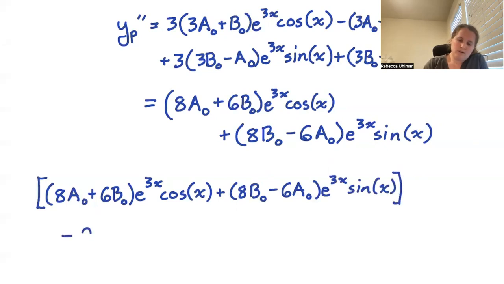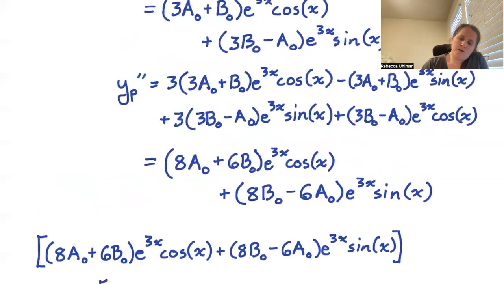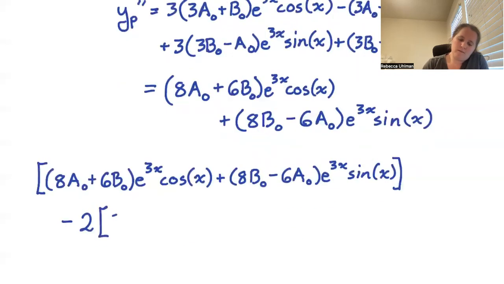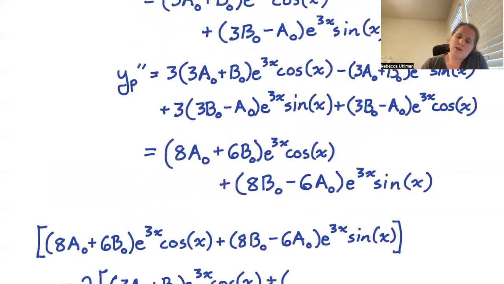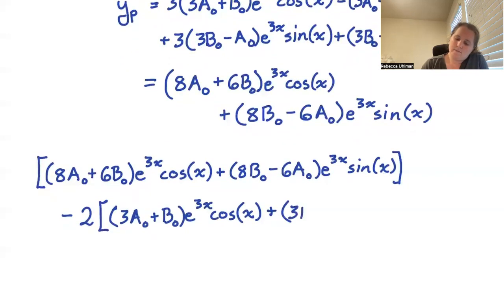From that, we subtract 2 copies of y prime. So y prime, we are looking at 3a0 plus b0 times e to the 3x cosine of x, and then plus 3b0 minus a0 times e to the 3x sine of x.